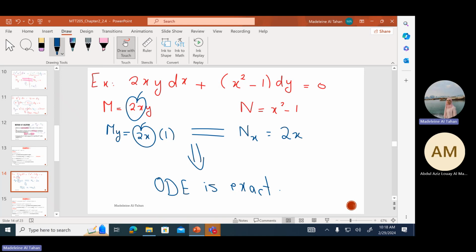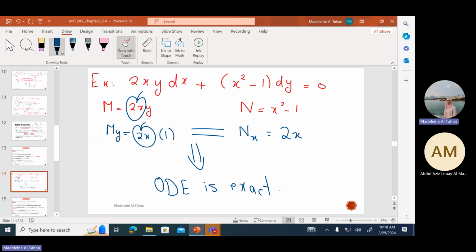So this is M. What's before dx is M. What's before dy is N. And differentiate M with respect to y. And differentiate N with respect to x. There's no y, but we are differentiating it with respect to x, so I care about x. So what's the derivative of it? Equal or not equal? So what can we say about that?